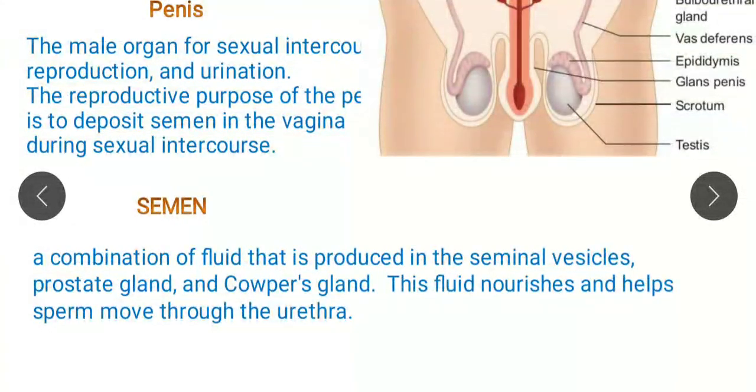Next one, semen. Semen is a combination of fluids produced in the seminal vesicles, the prostate gland and the Cowper's glands, also called the bulbourethral glands. These fluids nourish the sperm and help them move through the urethra.